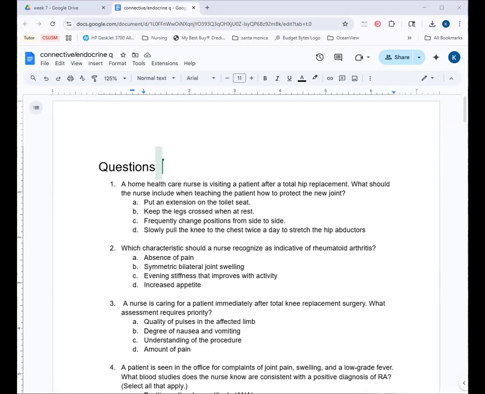All right, anyone else for number one? Remember your hip precautions.